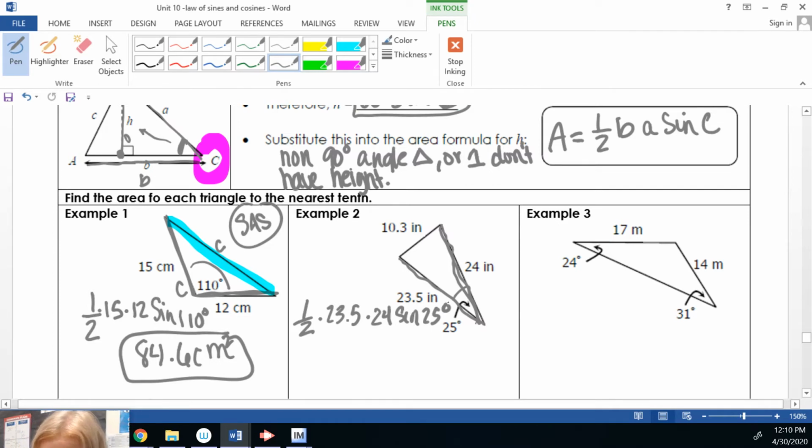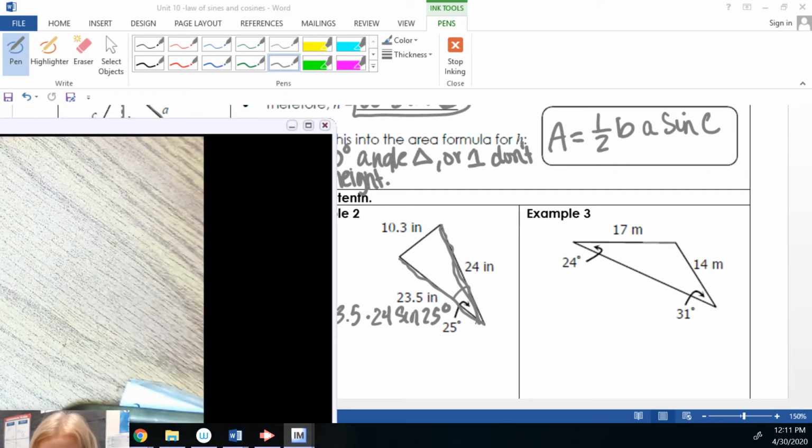All right, so in the calculator, I'm actually just going to go up and plug it in. 23.5 times 24 times the sine of 25. So check it out here.